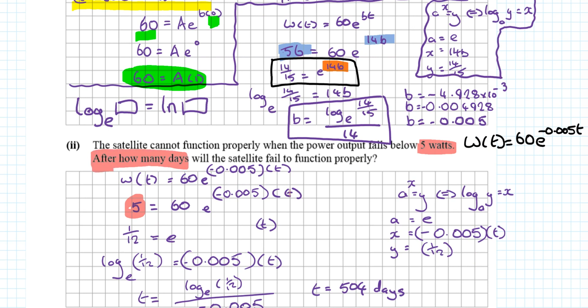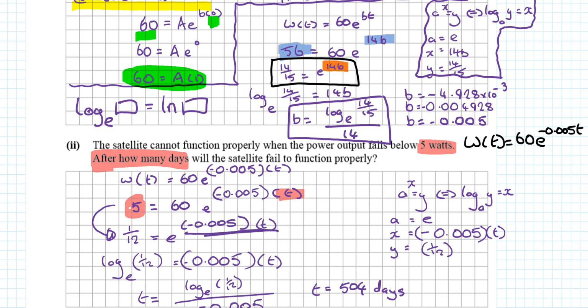It's looking for time. So this is a very similar question to what we just did. e to the minus 0.005t. I've divided both sides by 60. So 5 divided by 60 is 1/12. Look, what do you not know here?